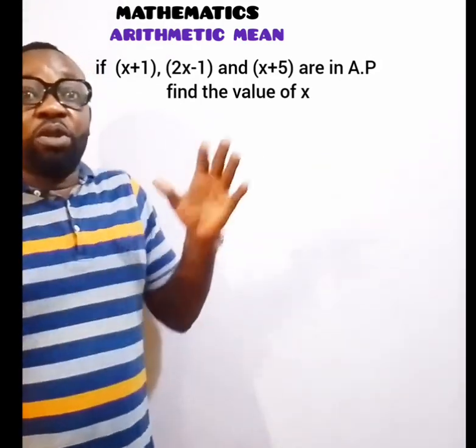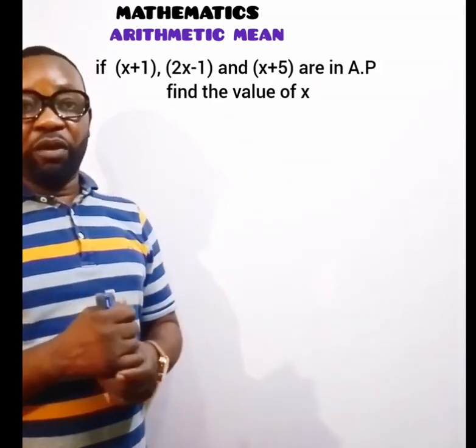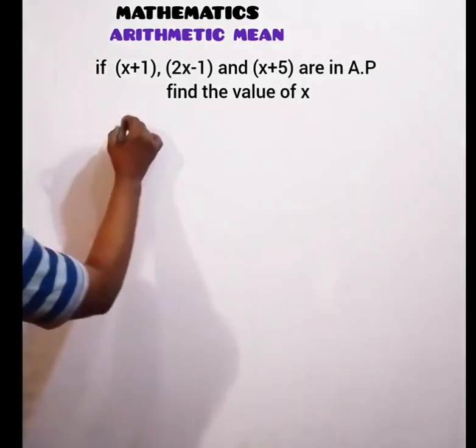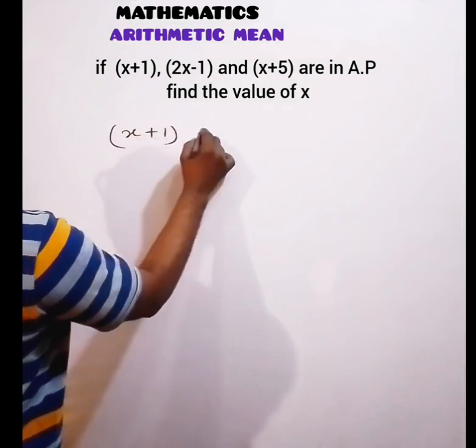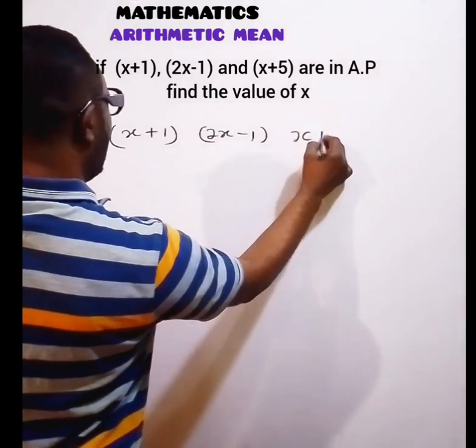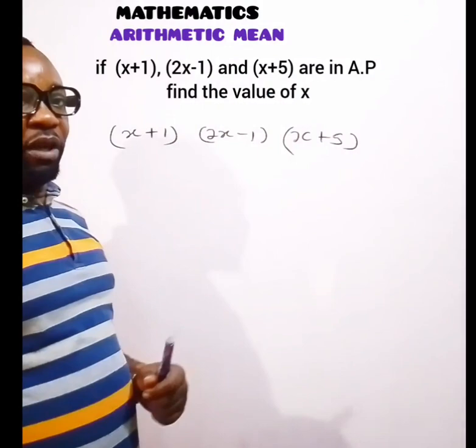In other words, that is what you must make use of to find the answer to this kind of question. Let's look at those consecutive terms. We have the terms to be x plus 1, that's the first term, we have 2x minus 1, and we have x plus 5. Those are the terms that we are provided with here.